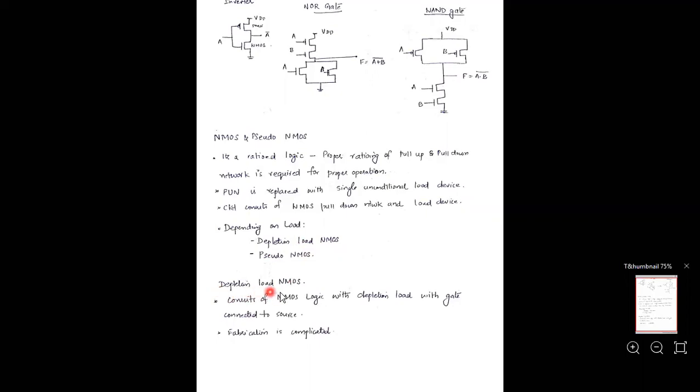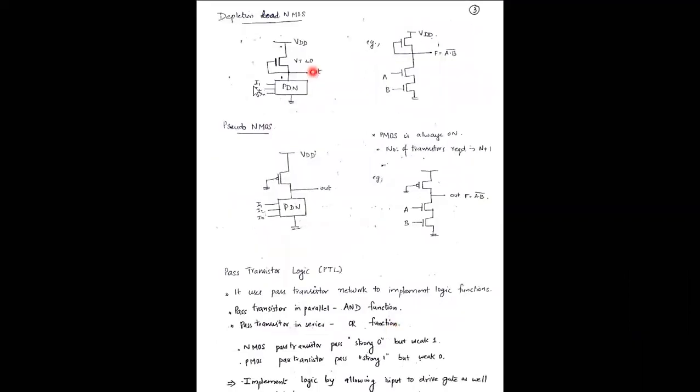So a depletion load NMOS consists of the NMOS logic with a load with gate connected to source. Here the fabrication is a bit complicated. So the schematic diagram will be like this. For depletion load NMOS, or simply NMOS logic family, we have the pull down network.